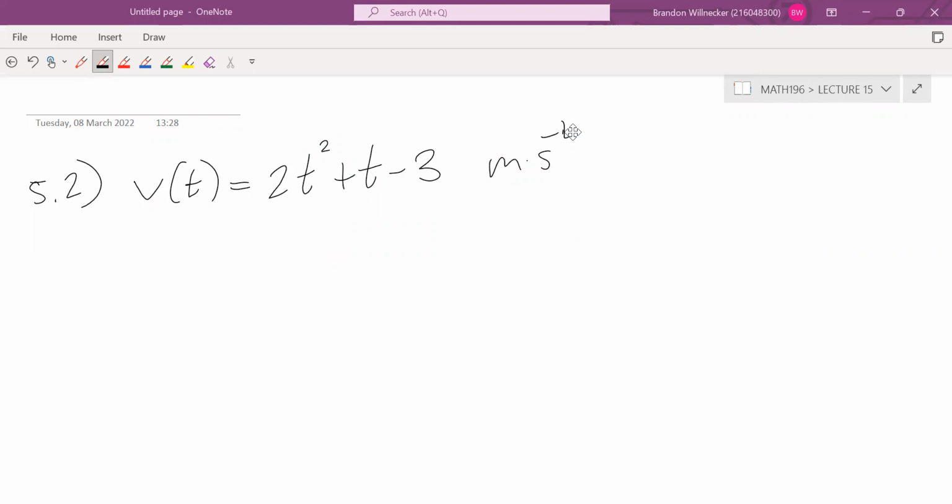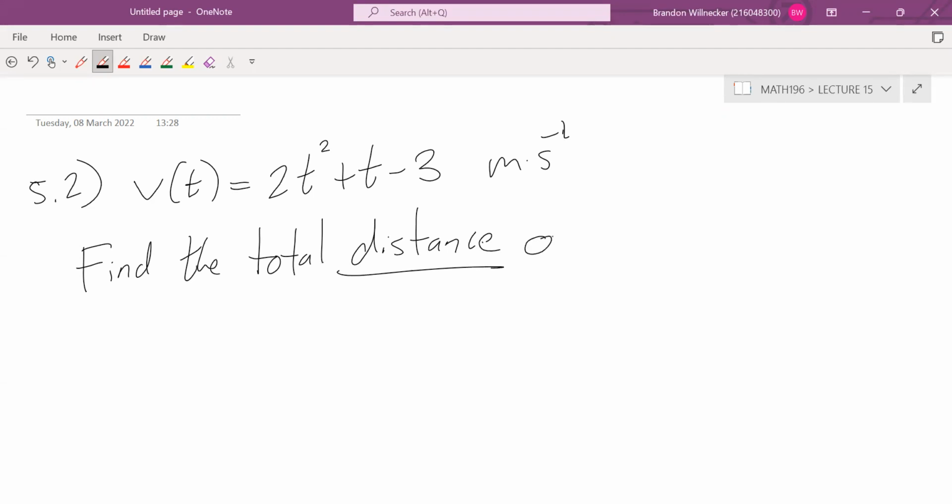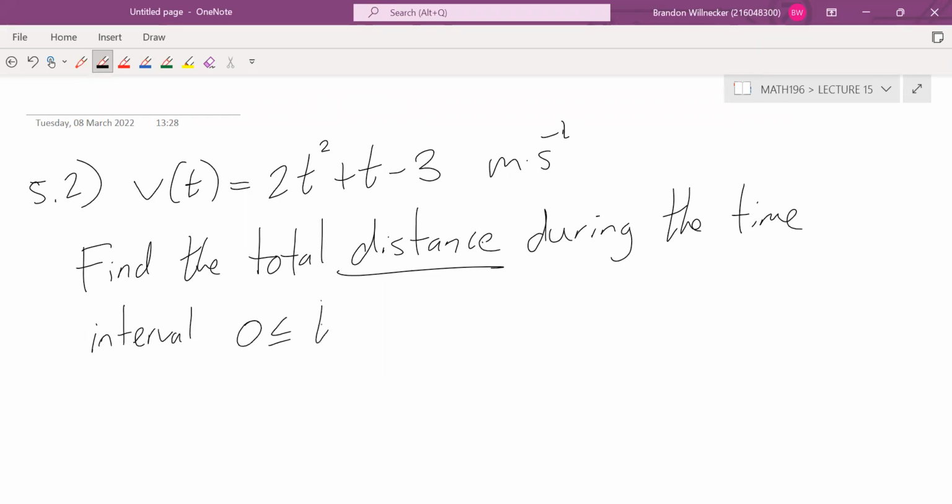What we want to do is find the total distance during the time interval from 0 to 3 seconds.